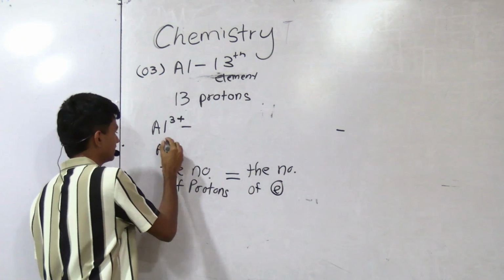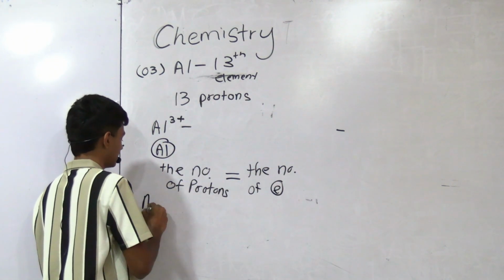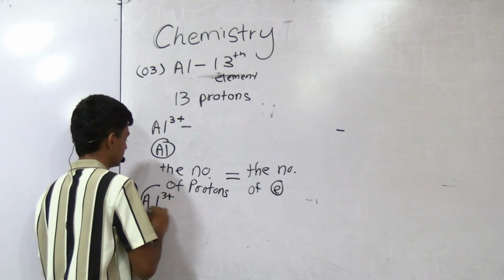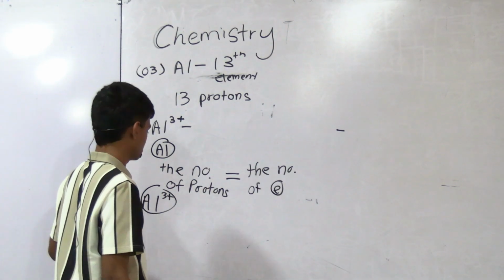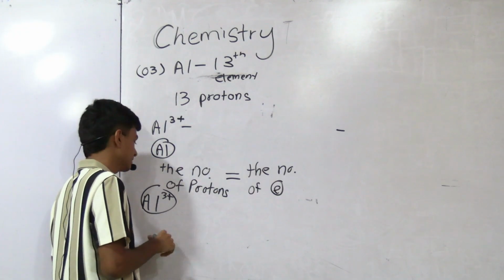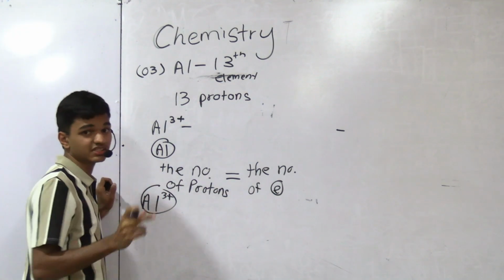But here in the question they ask about aluminium 3 plus, not aluminium. So in an ion, basically plus means they have emitted electrons.